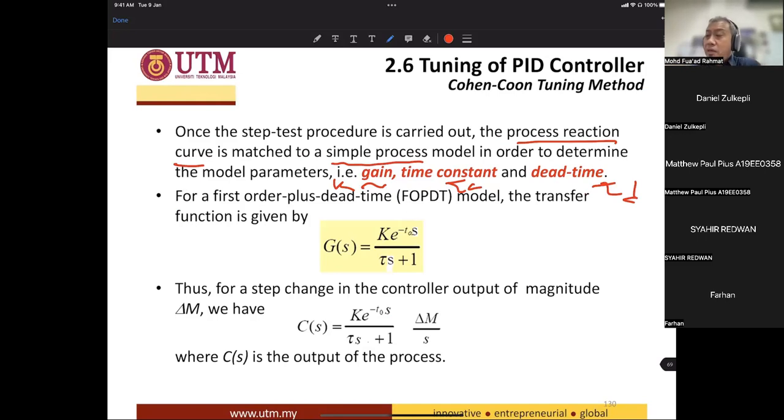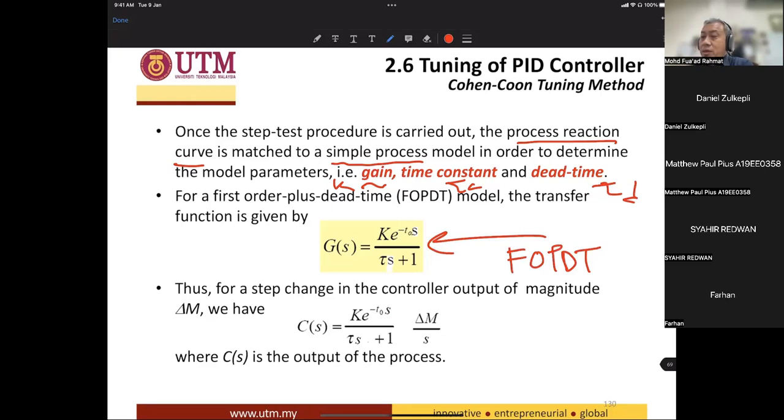This can be written in the equation, which is known as the first order process with dead time, or time delay, G(s) equals K e to the power of minus tau alpha s, divided by tau s plus 1.